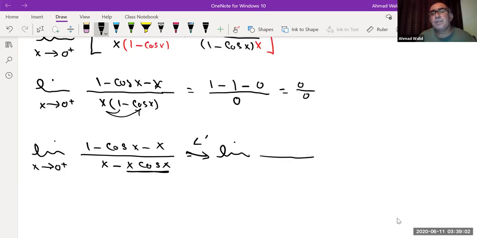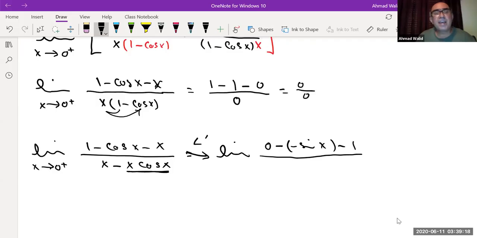limit, the derivative of the numerator: the derivative of 1 is 0, minus the derivative of cosine x gives you negative sine x, and the derivative of x is 1.